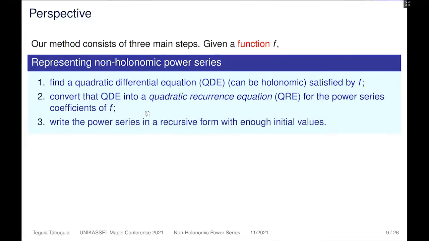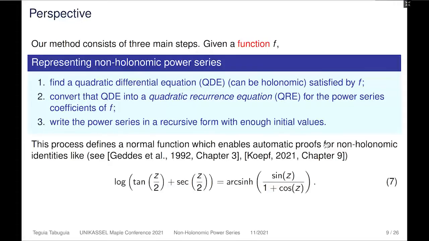We say quadratic recurrence equation because there are also products of index variables in the recurrence equation found. And at the end, we write the power series in a recursive form with enough initial values. This process defines a normal form that allows us to prove identities between non-holonomic expressions, as for example this equation 7.